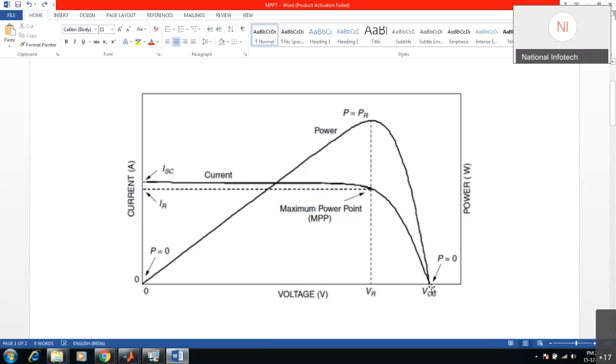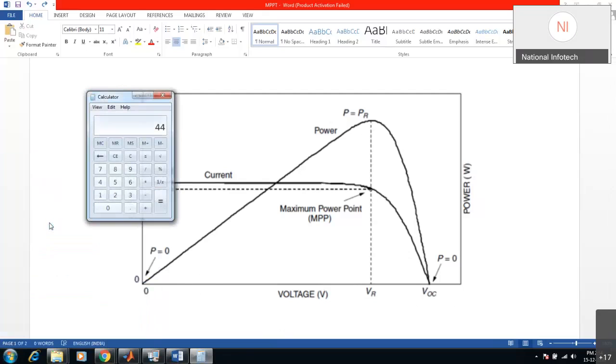VOC right now in this case is 44.30, so we will apply in the range of 0 to 44.30. We know that we are connecting 3 panels in series, so the voltage will be multiplied by 3. 44.3 into 3, so we will get 132.9 volt.